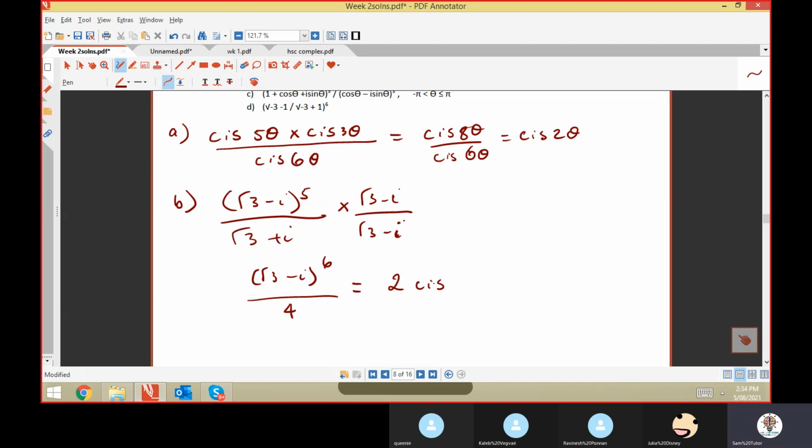Cis, and then again, inverse tan for theta, inverse tan B on A, don't forget that. 1 on root 3, which is 30 degrees, but then where is this located? Located somewhere down here, so negative pi on 6. Is that correct?